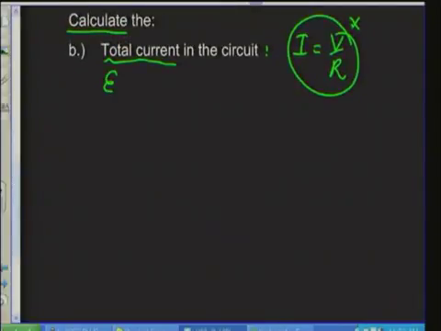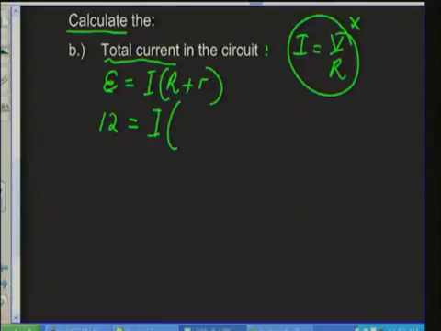And quickly, you can see that the one that says EMF is equal to current, total current in the circuit, which is what we're looking for, in brackets, capital letter R for total resistance externally, plus small letter r for the internal resistance. What is EMF? E, it's 12. So 12 is equal to total current into, what is R here?